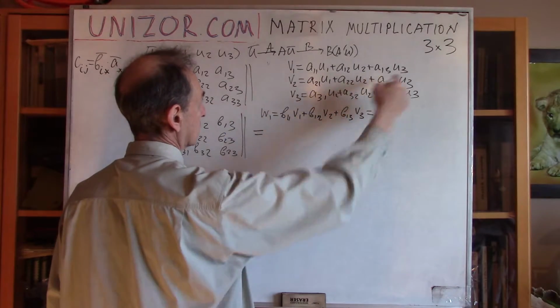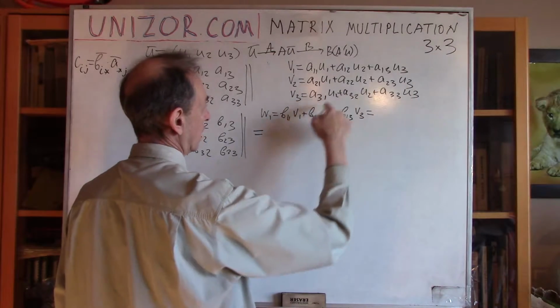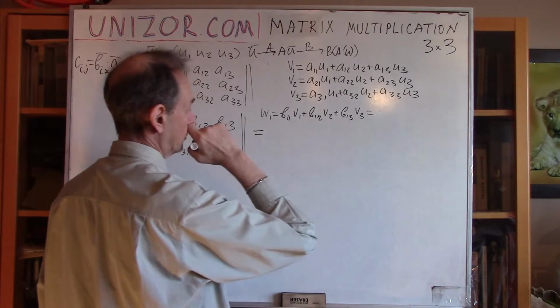B1 times V1, now B2 times V2, and B3 times V3.